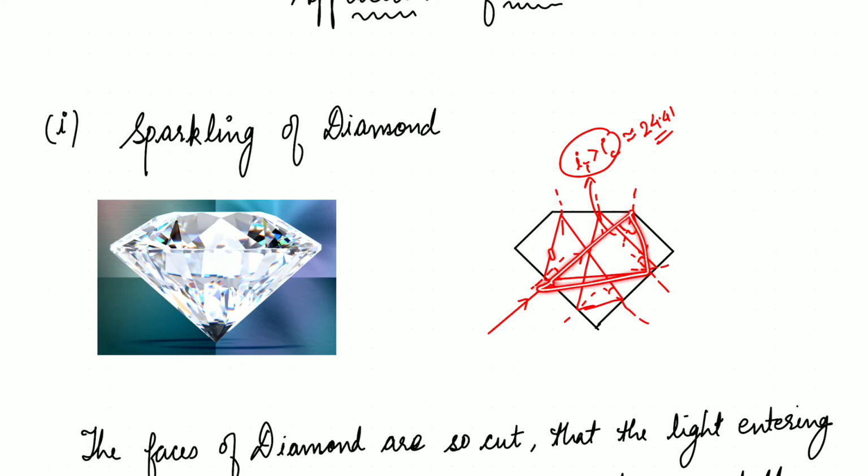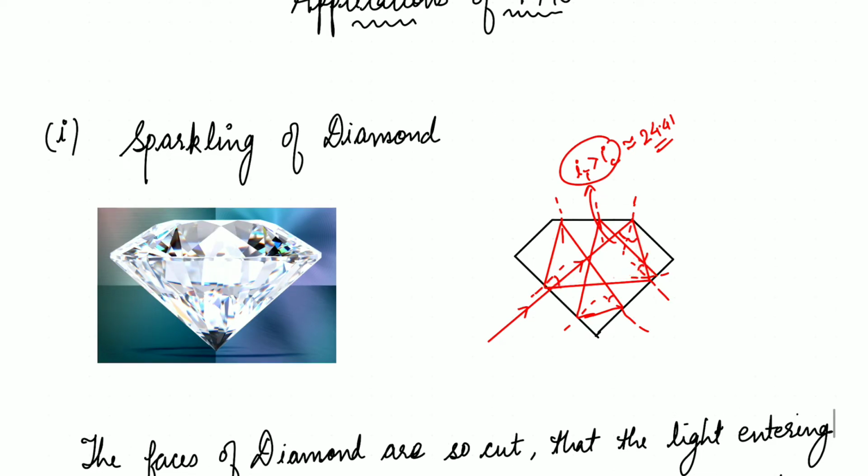It stays here, and it takes some time to go out. Let's say it will go out from some place, but it takes some time to go out of the diamond. So whenever we look at the diamond, we see that there is so much light coming out of it. The light is basically trapped inside because of these multiple total internal reflections, like I demonstrated over here. I hope you guys can understand that, right?